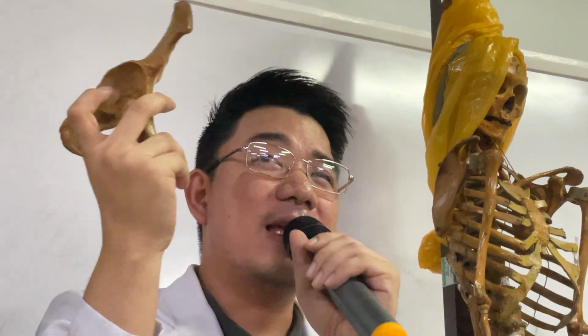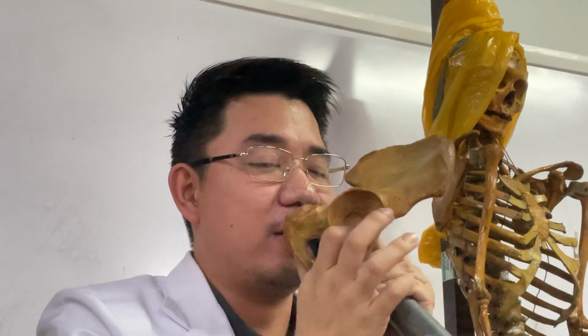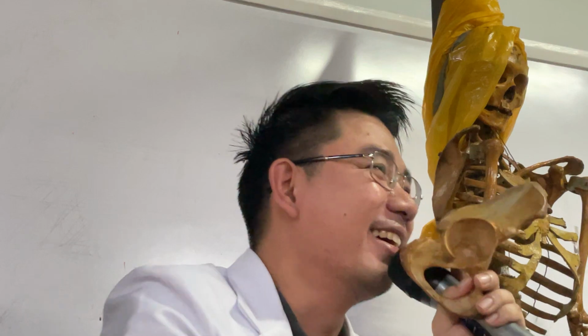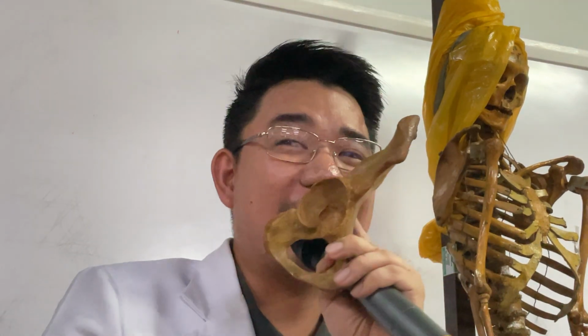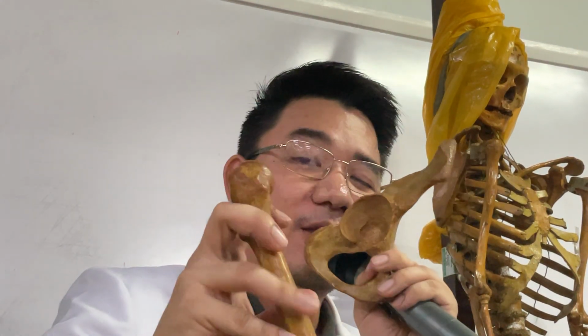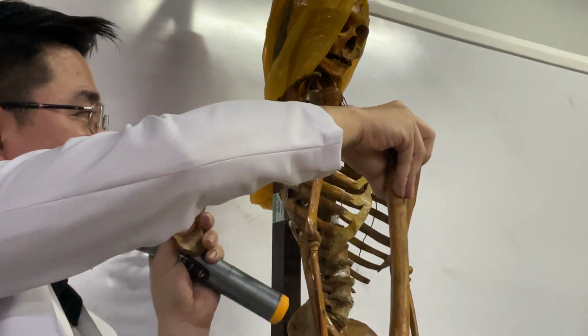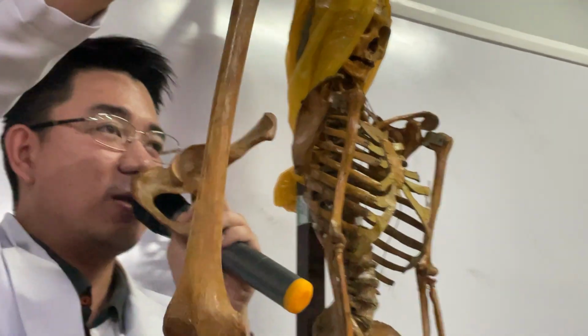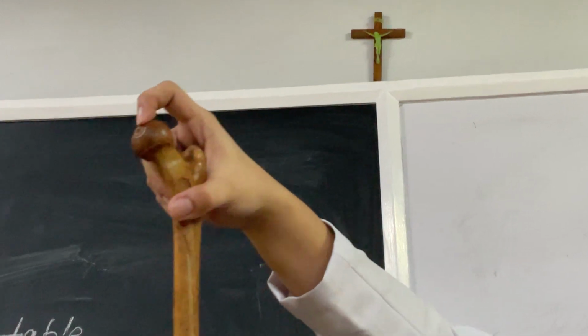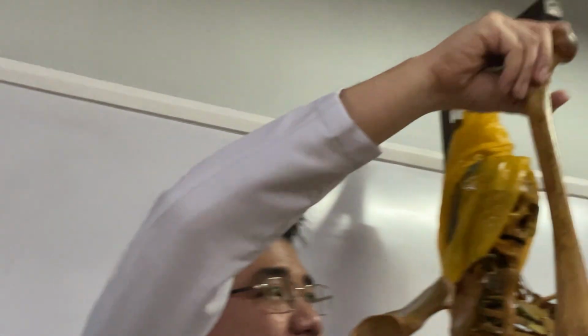And this is the reason why you have your lower extremity attached to your axial skeleton. If you see this depression in the head of the femur, this depression is known as the fovea of the head of femur. Fovea of the head of femur.